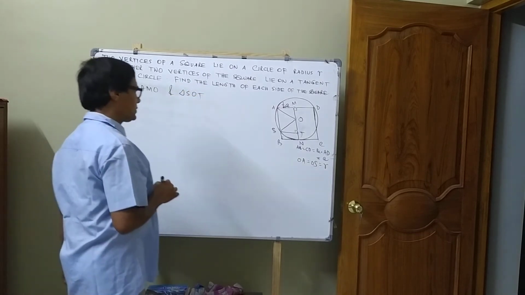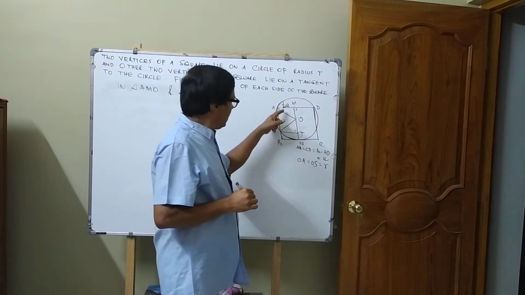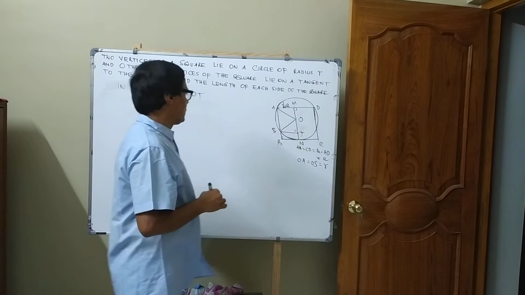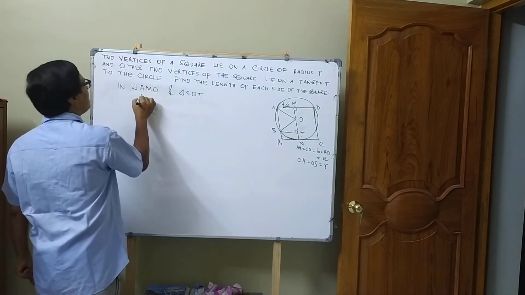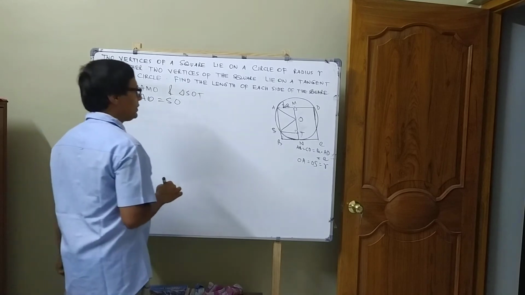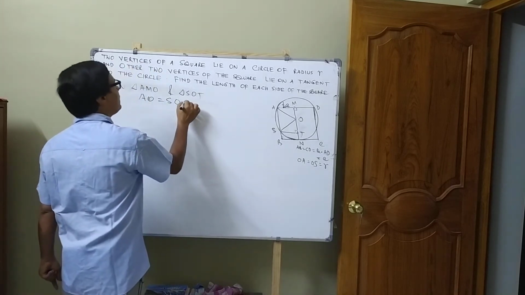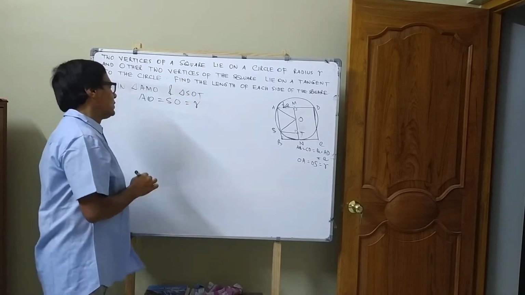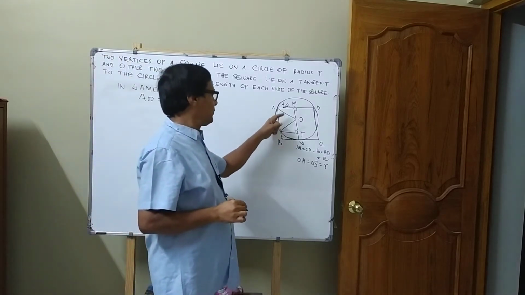In these two triangles, the length AO and the length SO are equal, because they are radii of the same circle, and this radius is given as r. So AO equals SO equals r.